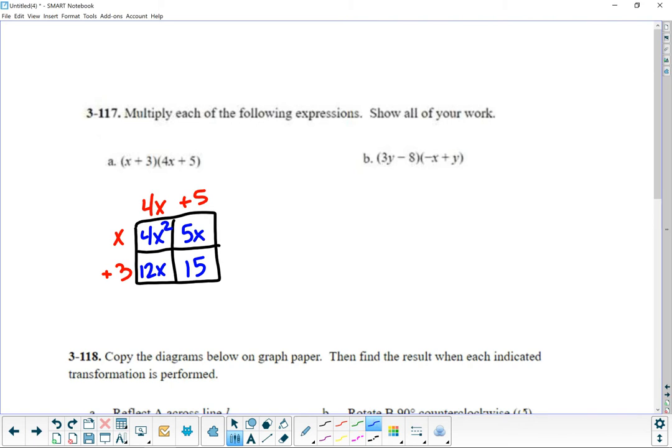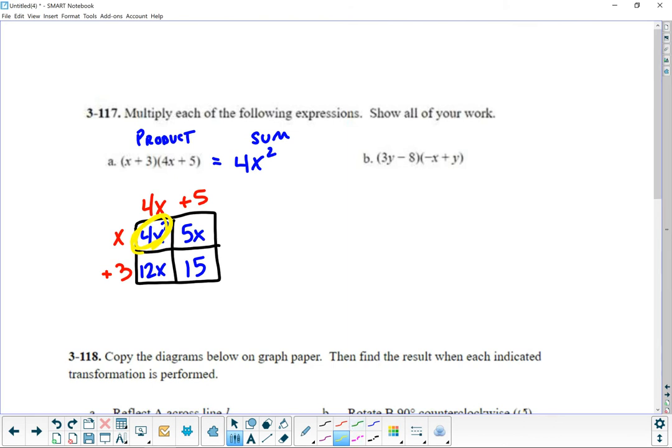Final answer, you're going to put them all together, or you can write it over here. All right, so this is the product because there are two quantities being multiplied together. And this over on this side is the sum. The sum is 4x squared from here.